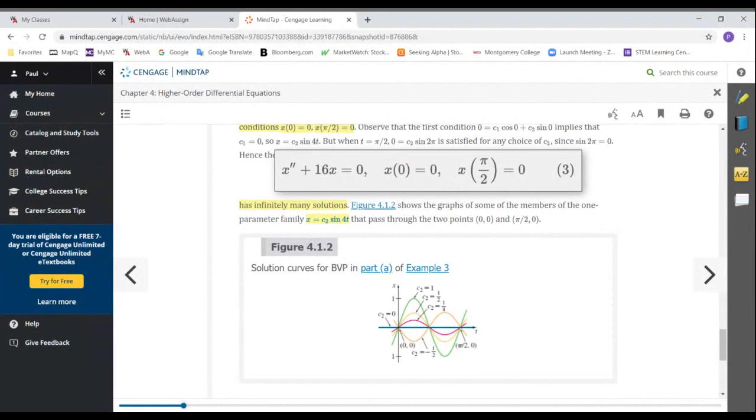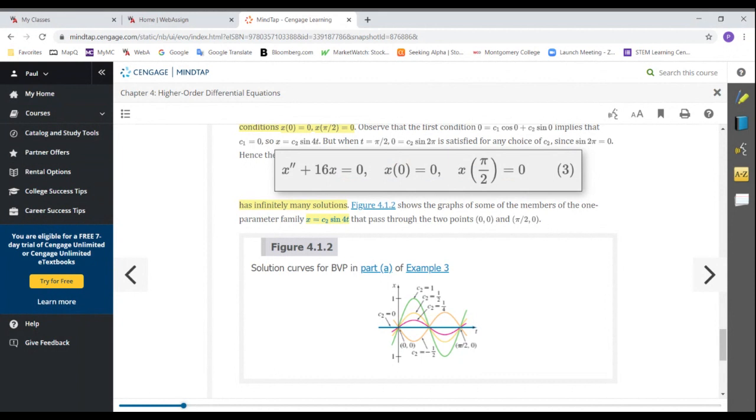All you're requiring is that when t is 0, x equals 0, so the solution has to pass through the origin there in the picture in figure 4.1.2. And then you're requiring when t equals pi over 2, x equals 0 also. So in that picture in figure 4.1.2, all those solutions for different values of c2 meet the boundary value conditions. Okay, so a boundary value problem can have multiple solutions.